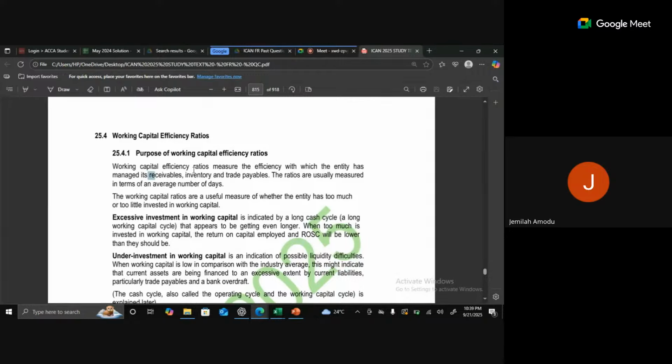You know that when it comes to working capital, we're talking about current assets and current liabilities: your receivables, your inventory, your trade payables, and other current liabilities.